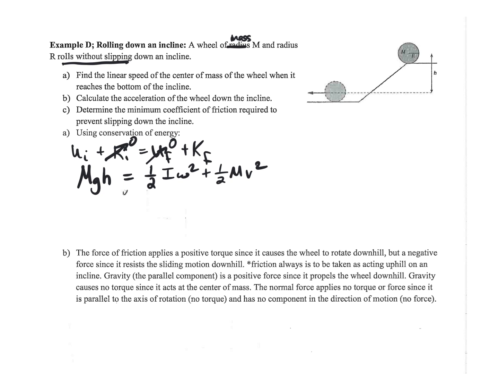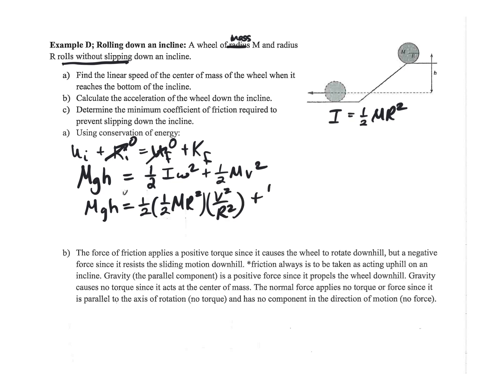It is a solid wheel, correct? So if it is a solid wheel, I is equal to 1/2 mr squared, correct? So mgh equals 1/2 mr squared, v squared over r squared for omega, plus 1/2 mv squared.